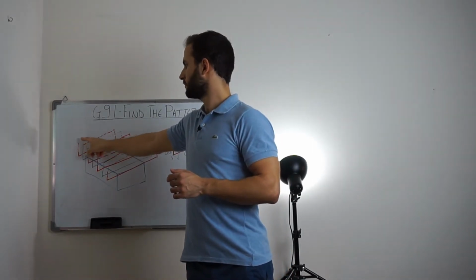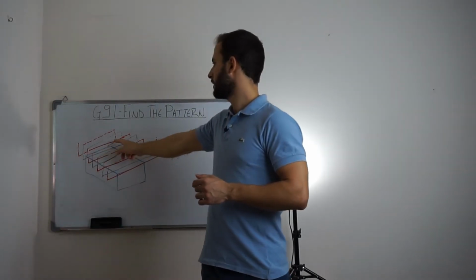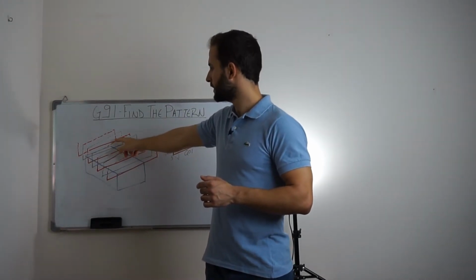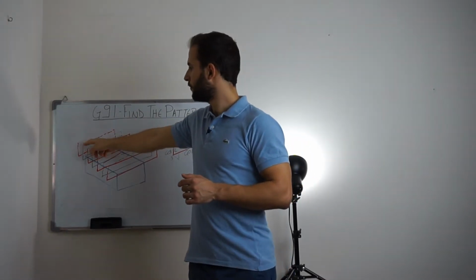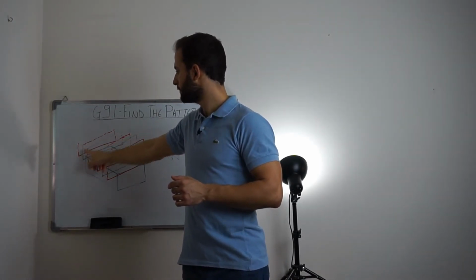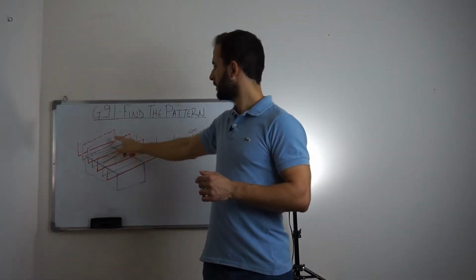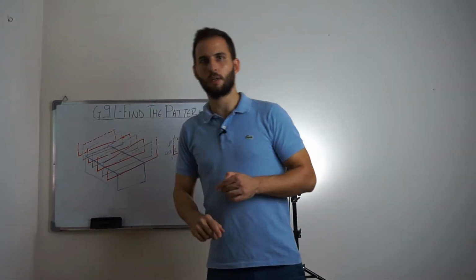Here we go down along the z-axis, we go along the x-axis, we go up along the z-axis, we move forward to the next y point at the same x point, then we go down along z, and it goes on.